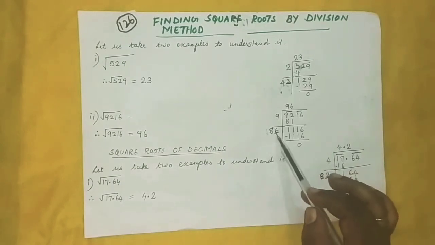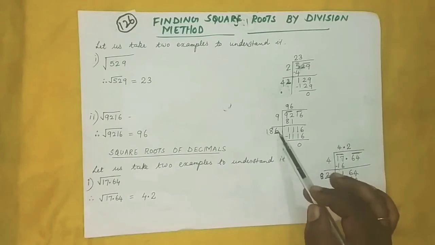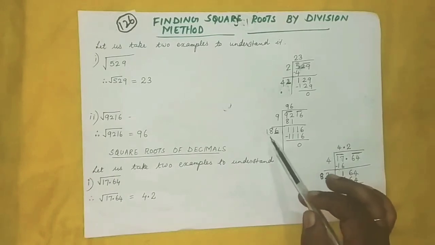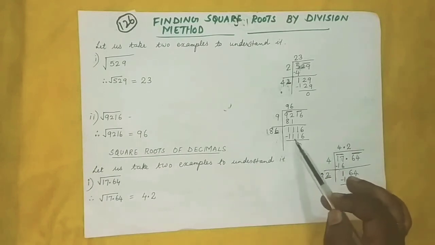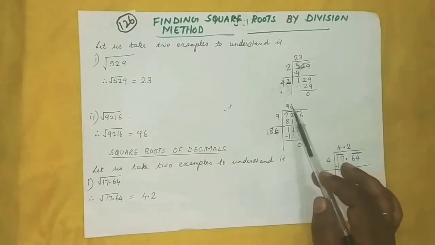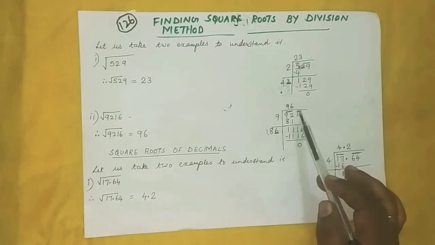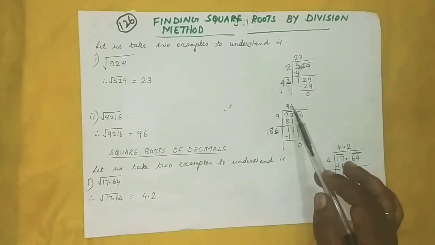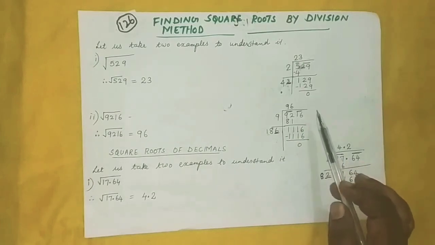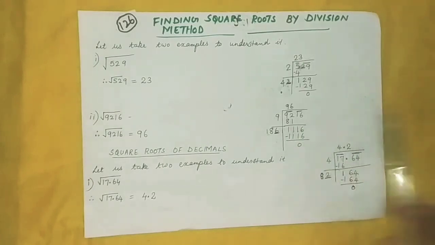But here, 186 into 6. If I am writing 6, I have to multiply by 6. If I am writing 4, I have to multiply by 4. So 186 into 6 is 1116. That 6 we will write on the quotient. When we subtract, we will get 0. So the quotient is 96. That means the square root of 9216 is 96.